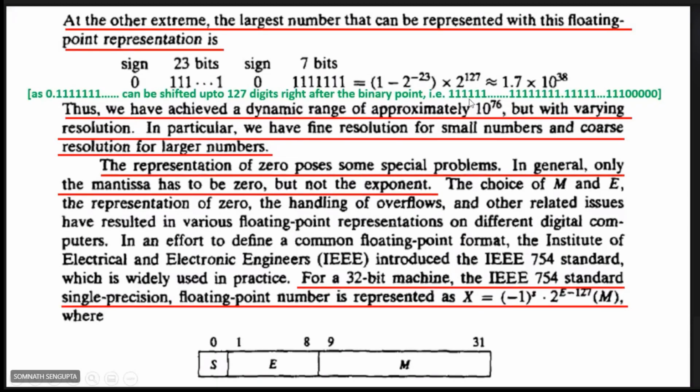So your number would be many ones, 127 ones, then 23 bits of 1.